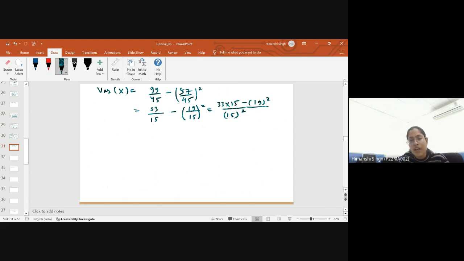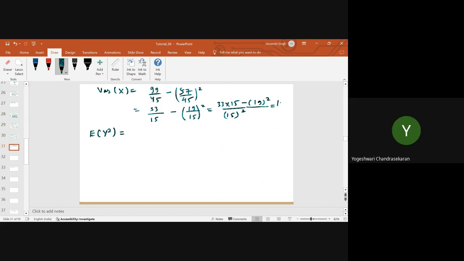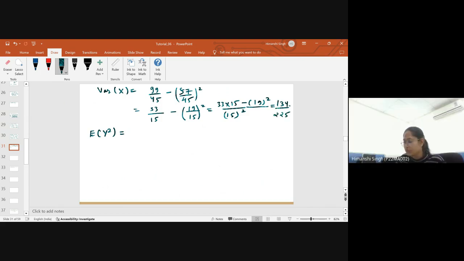Just in the fractional form, let me know what is it coming. 134 by 225. Yeah, it is correct.